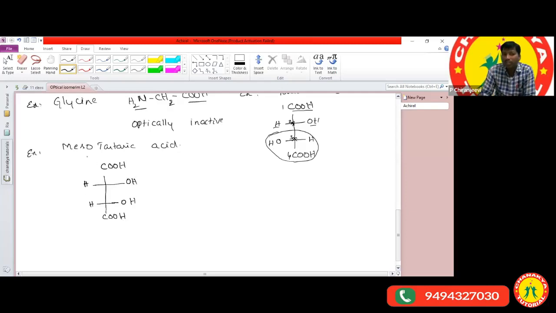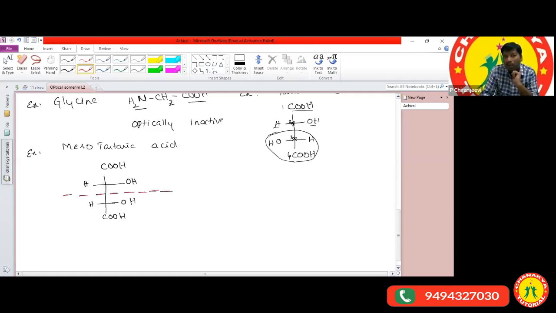Now, whatever answer Anjan gave is correct. Generally, mesotartaric acid is optically inactive. Sir, how do you say it is optically inactive? Because it has a plane of symmetry. If you cut exactly in the middle, here you will get two equal halves or not?